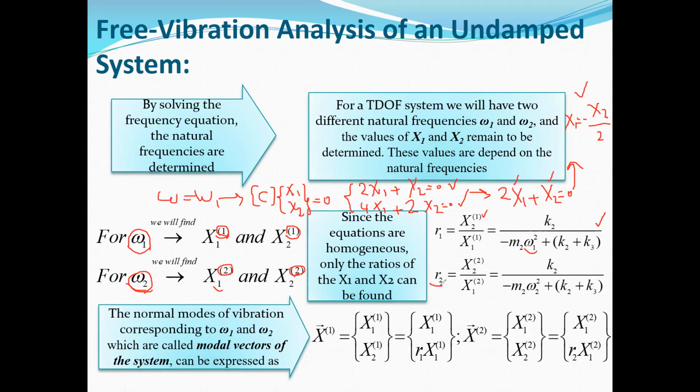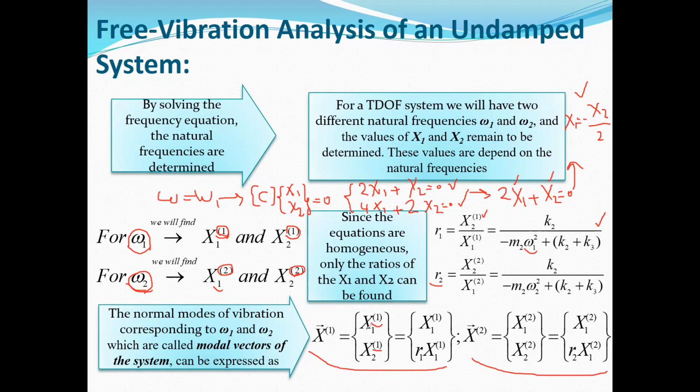Of course, I will solve some examples and you will see clearly what will happen in this equation. And finally, because we find the relation between x1 and x2, we can obtain these two mode shapes. Here you can see the first mode shape is the amplitude of x1 and amplitude of x2 for the first frequency.